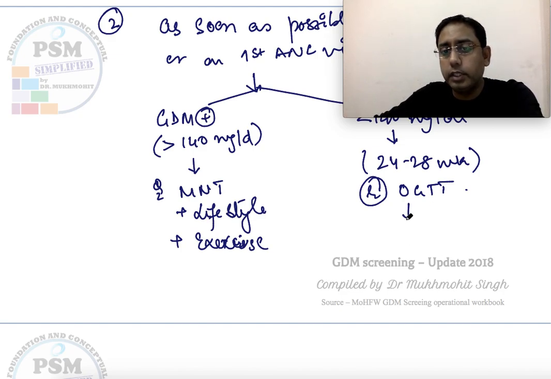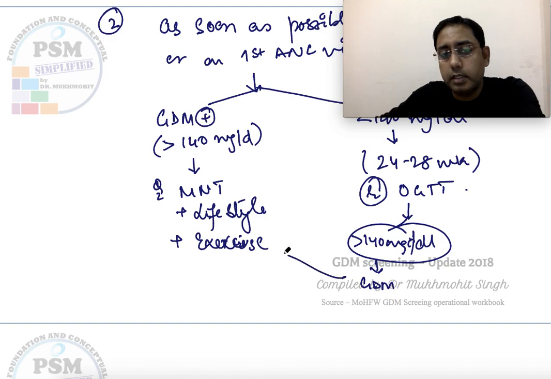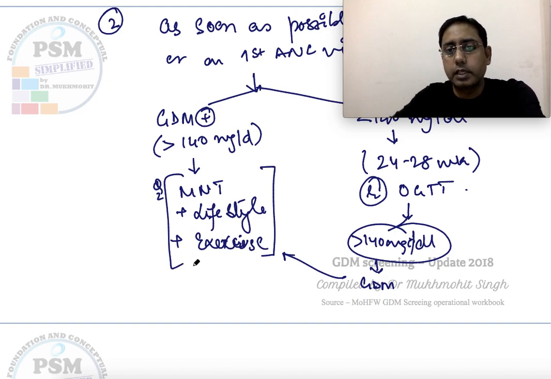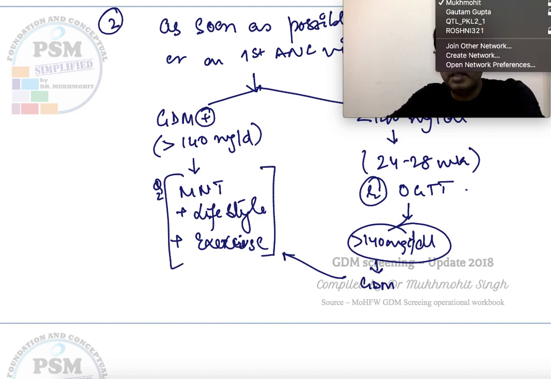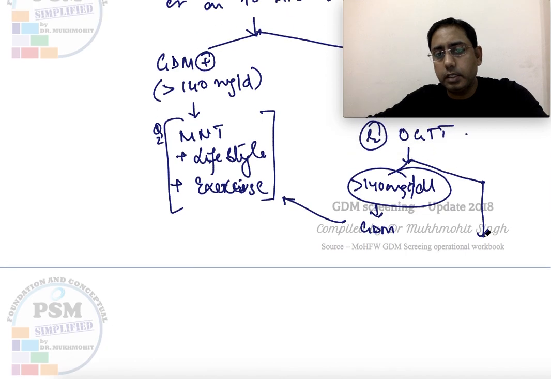In the second OGTT, it might yield more than 140 mg/dL. In that case, this is diagnosed as gestational diabetes mellitus, and the female is advised to take up medical nutrition therapy, lifestyle changes, and exercise.